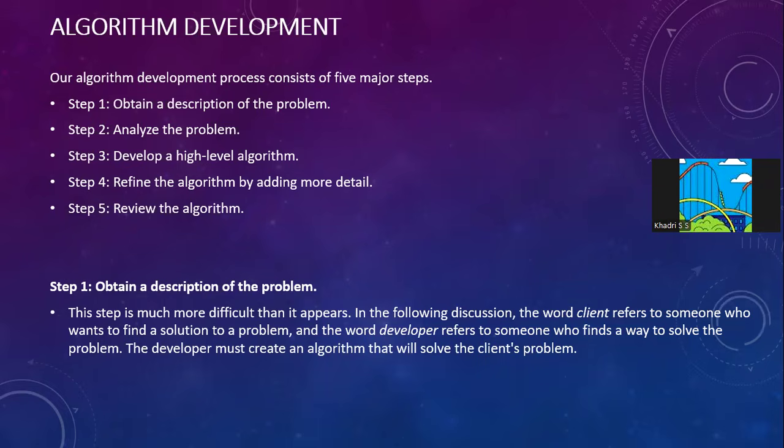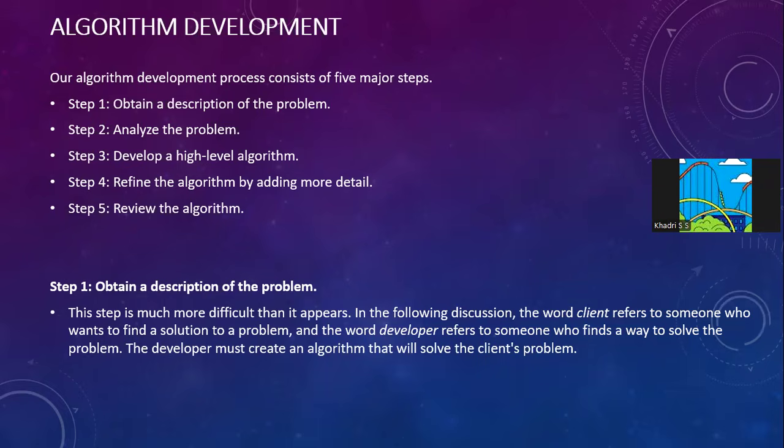So let us see what we mean by step 1, obtain the description of the problem. The name itself indicates that first we need to take the problem description. Whatever the problem describes, that data should be taken over. This step is much more difficult than it appears.